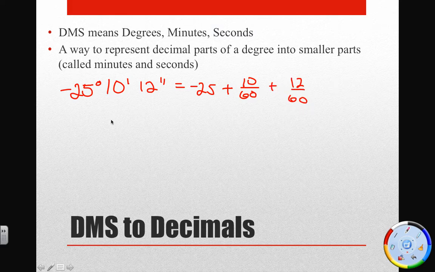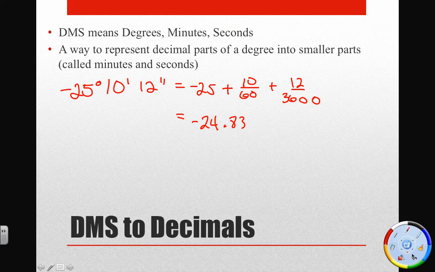And that's technically not right, because notice what happens if I just plug this straight into my calculator. I get negative 25 plus 10 out of 60 plus 12 out of 3600 on this last one. Catch myself as I'm plugging my calculator. And I get negative 24.83. Well, that doesn't make any sense because I started with 25 degrees and I ended with 24.